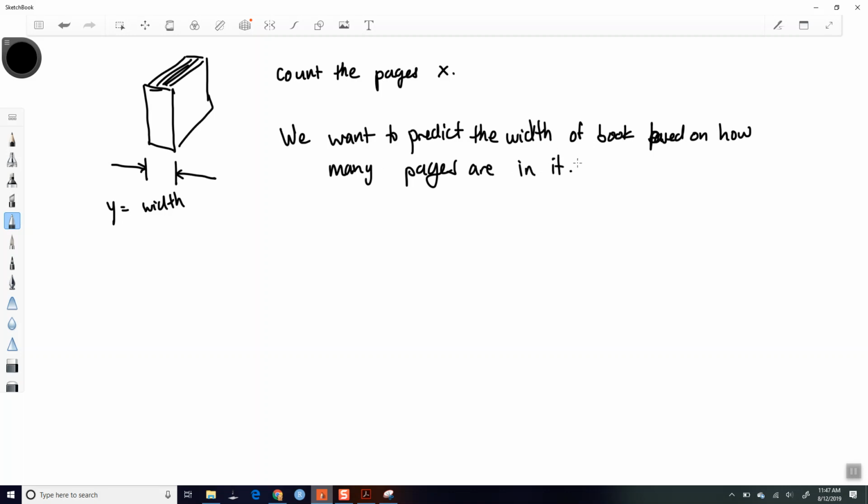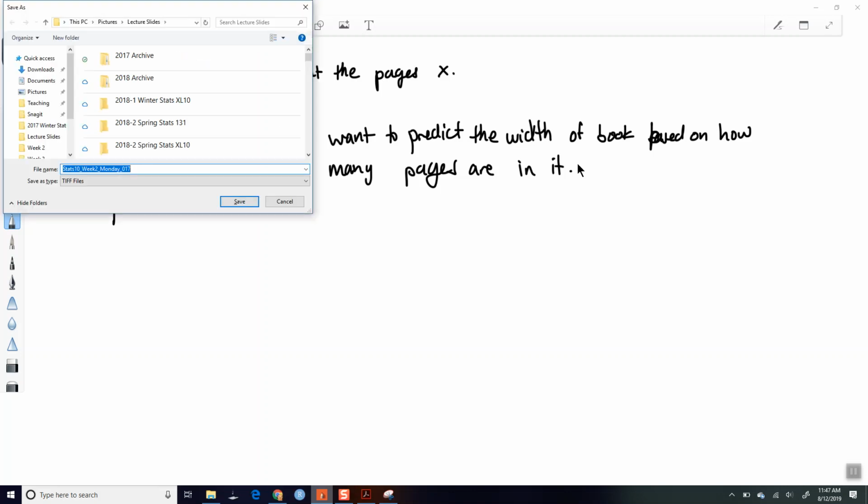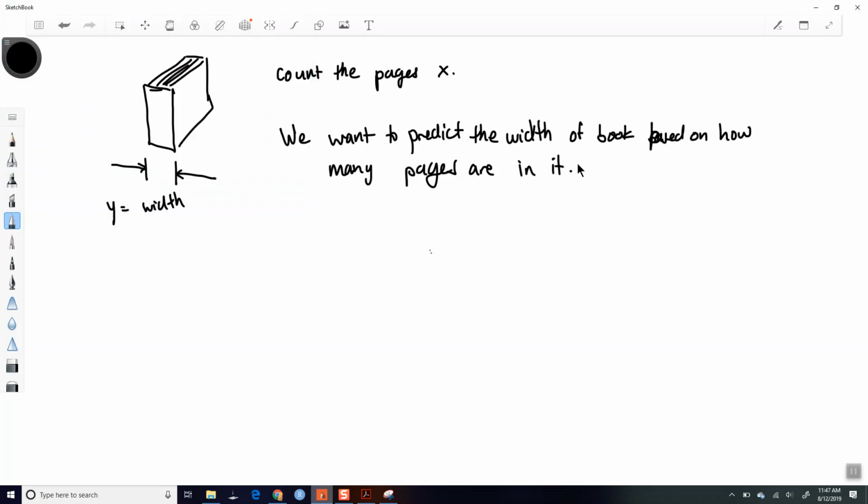We would expect books with more pages will be wider, and books with fewer pages will be thinner. Things like those Game of Thrones books, they're fat because there's a bunch of pages. Some children's book is a lot thinner because there's fewer pages.